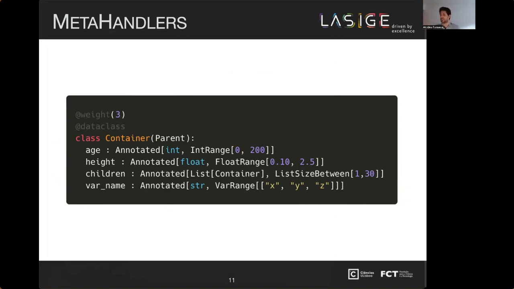And we can have these meta-handlers for many things, including generating values based on other values or changing probabilities. Speaking of probabilities, we also support probabilistic grammars by saying that this class container is 3 times more probable than all the other nodes in any choice.